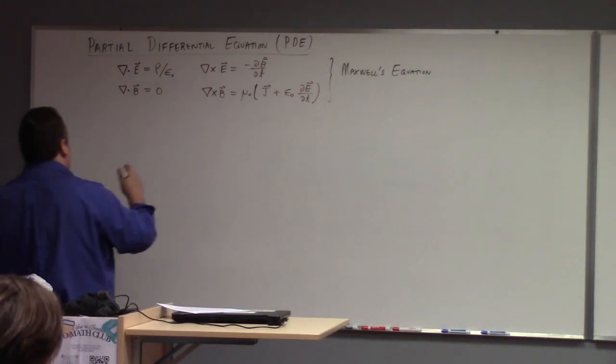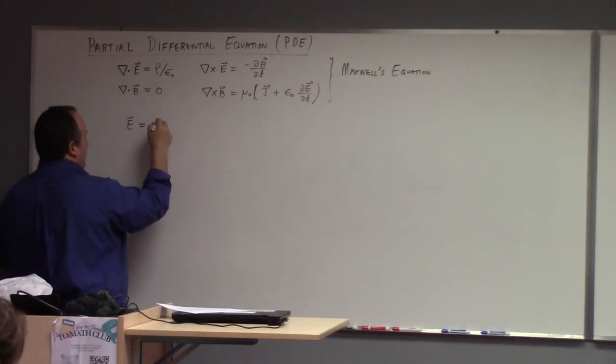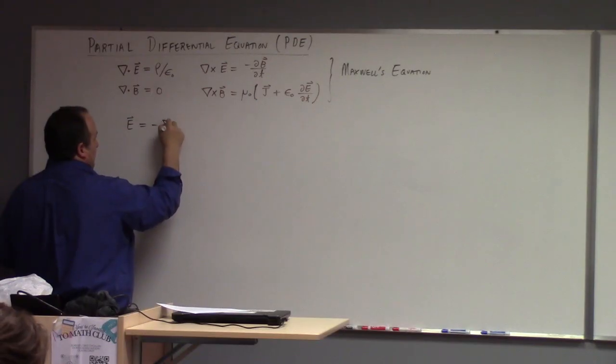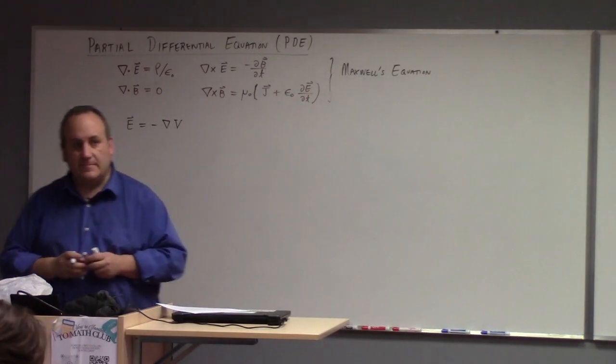Now, you also may remember from your Physics 232 course, if you've had it, that the electric field is minus the gradient of the voltage function, right?